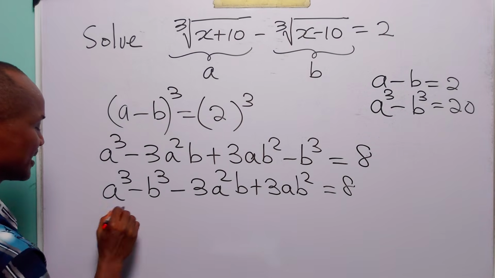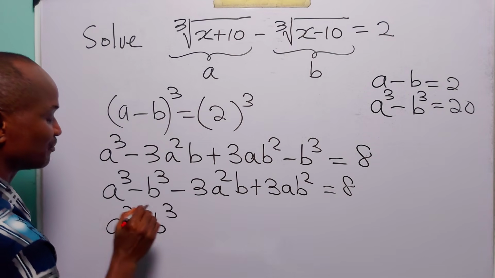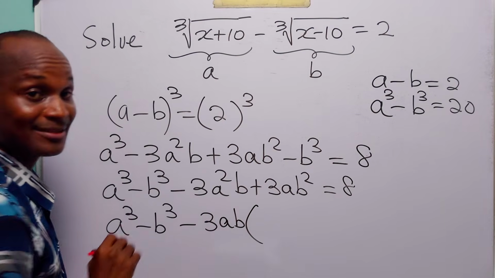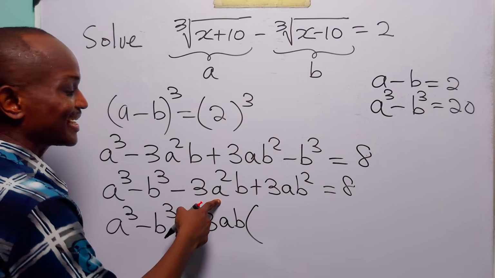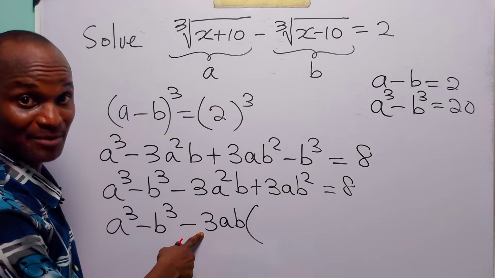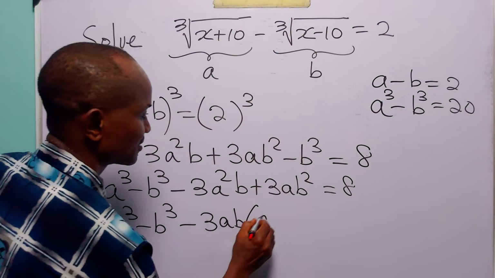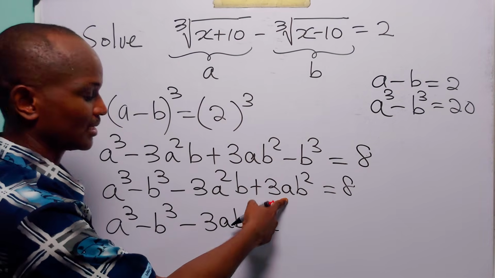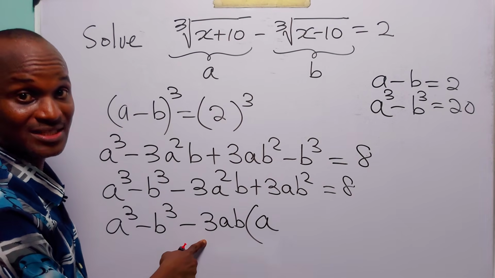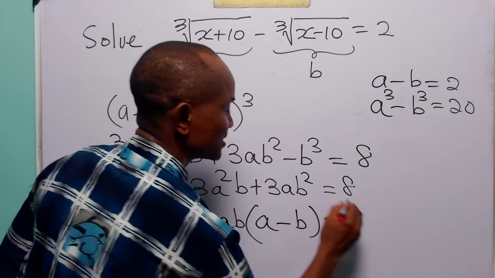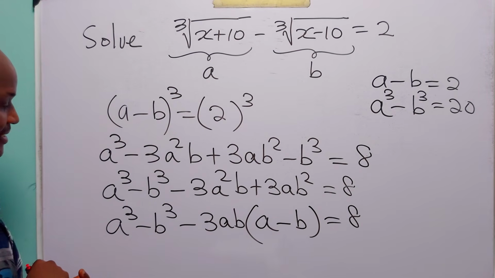We have a cubed minus b cubed minus 3ab into, now minus 3a squared b divided by minus 3ab is going to give us a, and 3ab squared divided by minus 3ab is going to give us minus b, and of course this is still equal to 8.